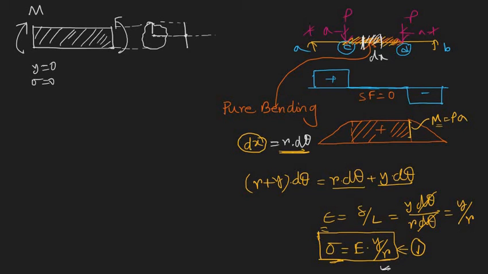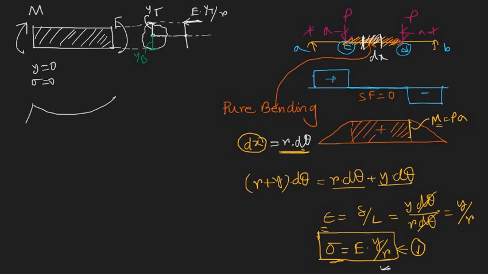Let's say the distance of the top fiber from the center is yt, and the distance of the bottom fiber from the center is yb. Here the stress is sigma equal to E times yt by R. This stress is compressive in nature because the bending is like this.